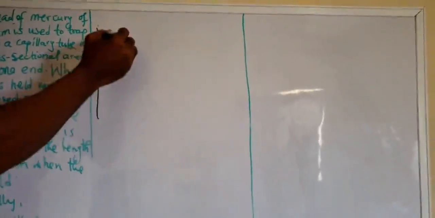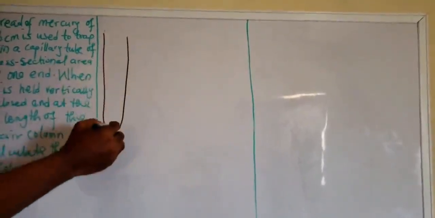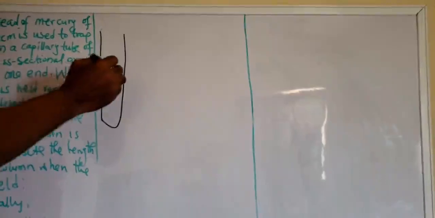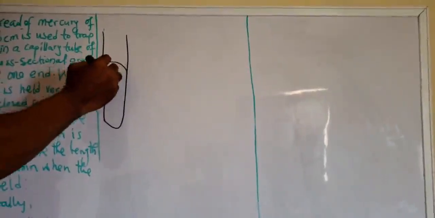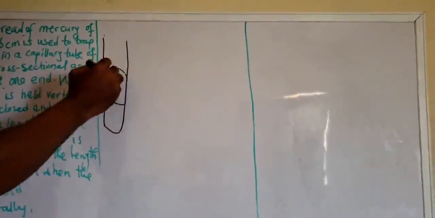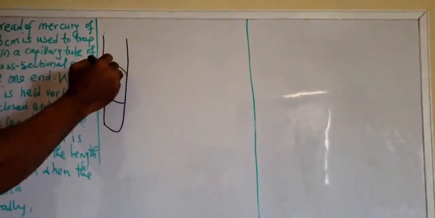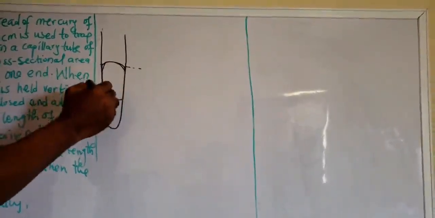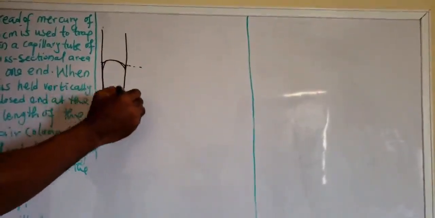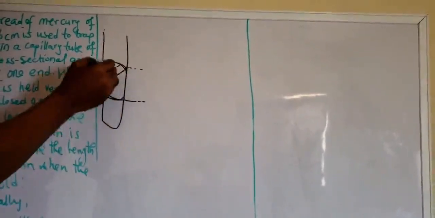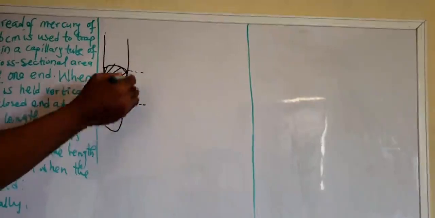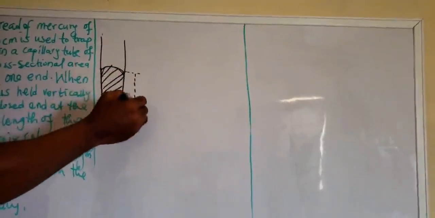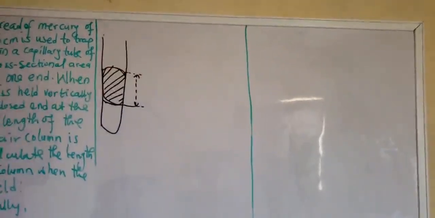This is the tube. Now, let this be the mercury thread that was trapped. I'll use this to represent the mercury thread. The length of this mercury thread from the question is 16 cm.